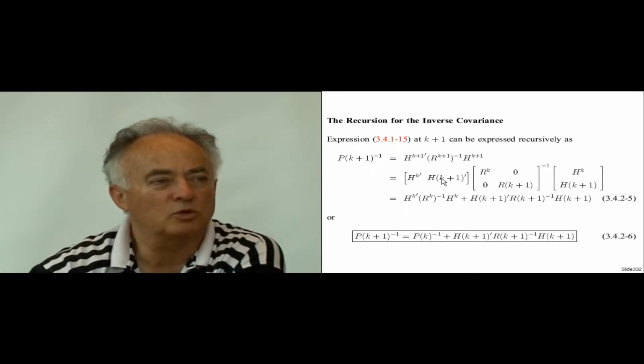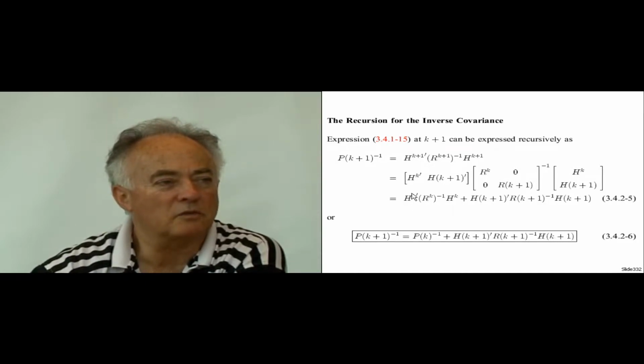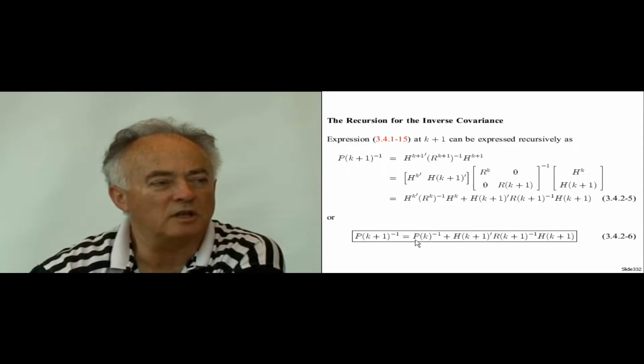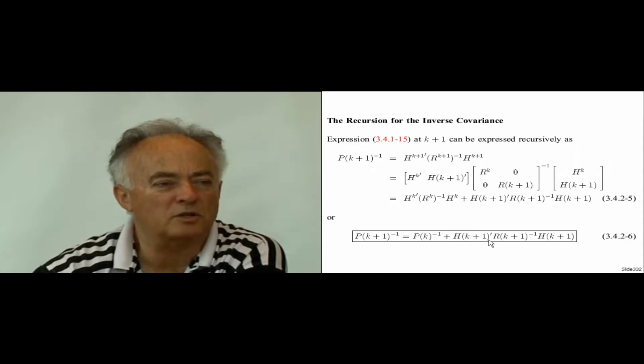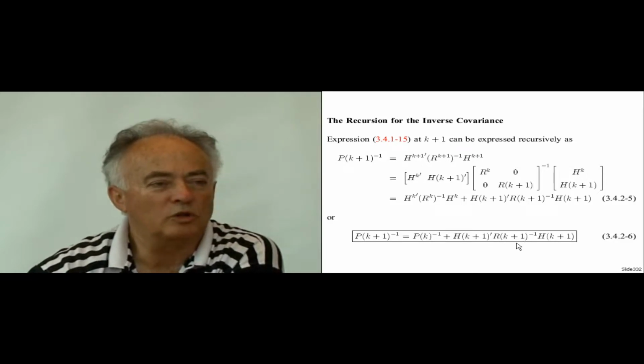If we look at this, what we see here is that the first term is really what we had before as P at k inverse. So the inverse of the estimation covariance at k plus 1 is the inverse of the covariance at k plus what can be called the new information about the parameter obtained from the observation.